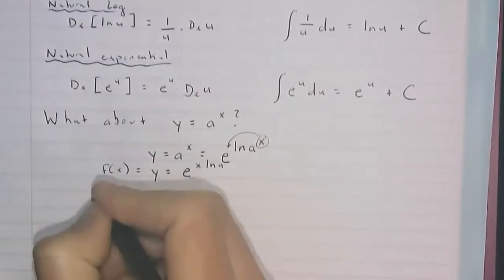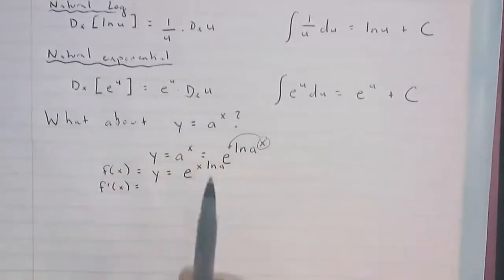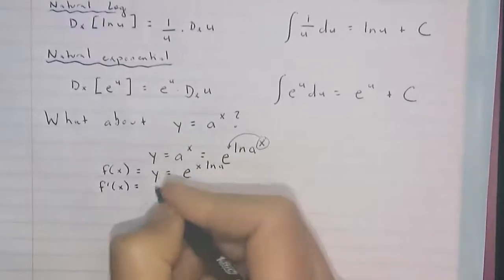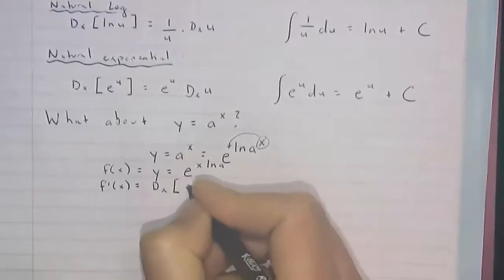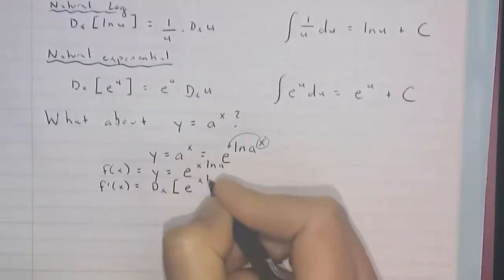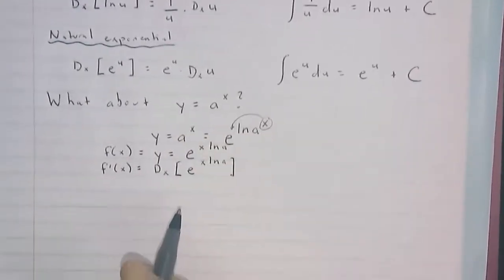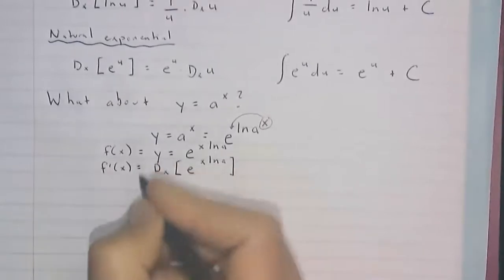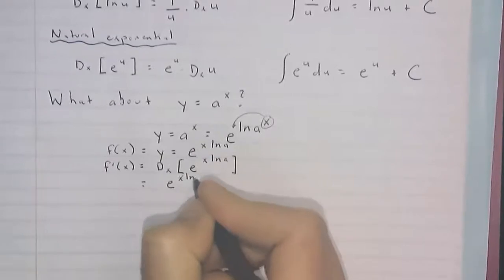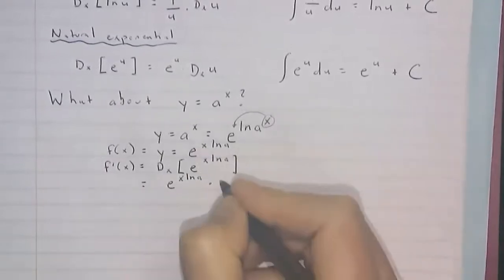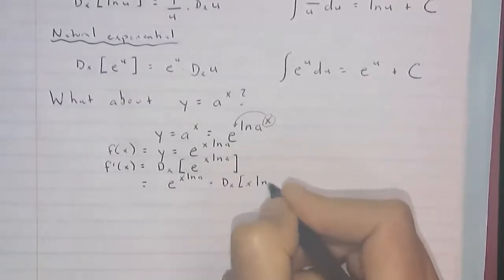Then f prime, the derivative, is going to be the derivative of e to the x times the ln of a, which should be e to the x times the ln of a times the derivative of x times the ln of a.